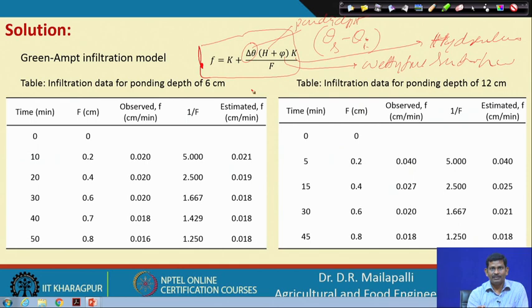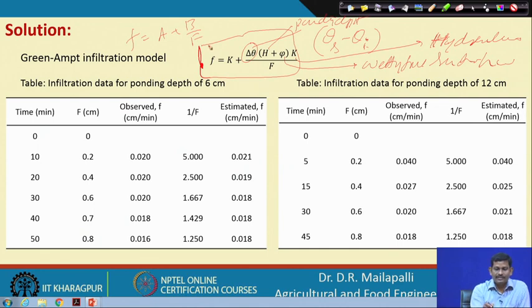In other cases you get an analytical solution, but here you get a numerical solution; only by iterations can you find the infiltration rate. So, if you observe this equation, f is equal to K plus 1 by F. Let us say f is equal to a plus b by F.